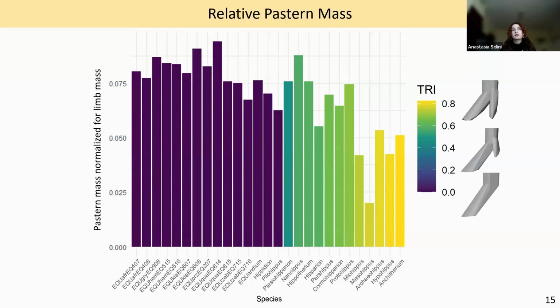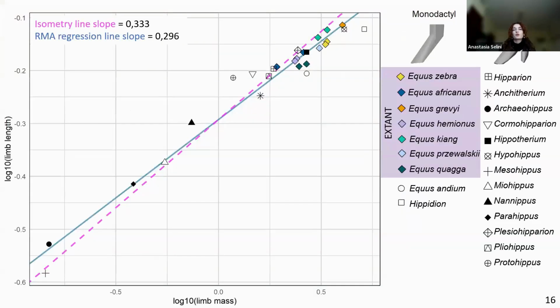And therefore, we concluded that the side digits did not account for a large amount of mass for the pastern, and probably the enlargement of the central digit was more significant for the monodactyl liquids. All these results point towards the rejection of our hypothesis, but we still wanted to understand why we see those differences between tridactyl and monodactyl liquids.